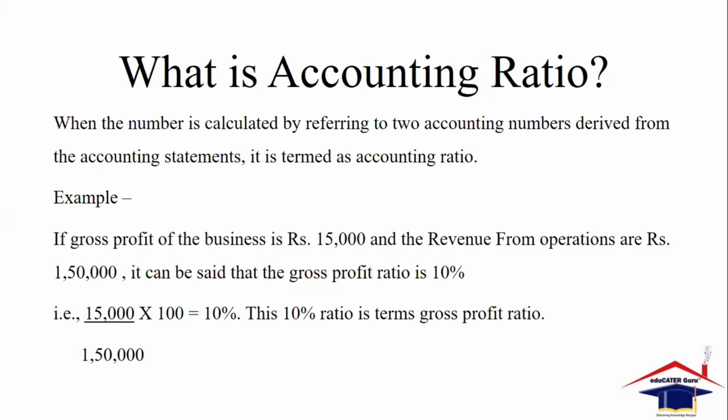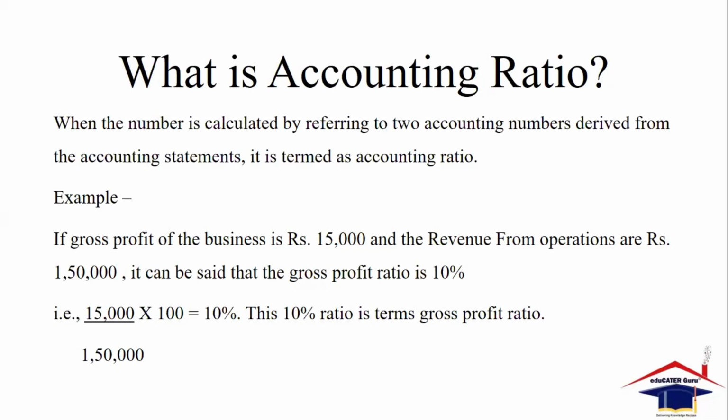For example, the gross profit of the business is 15,000 and the revenue, that is the income which you have earned in that particular year for the business, is 1,50,000. So we need to calculate the gross profit ratio. How will you calculate that? It is simple.